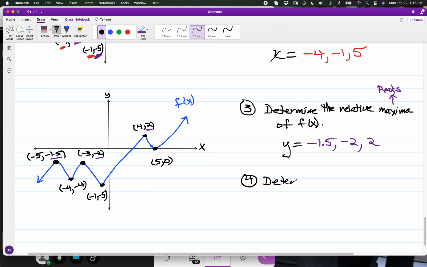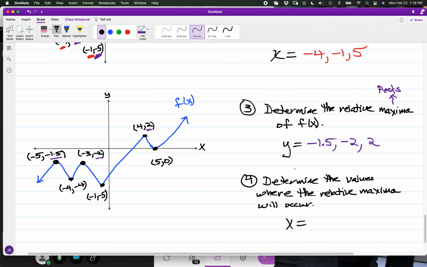And if I were to determine the values where the relative maxima will occur, again we're referencing the x values.